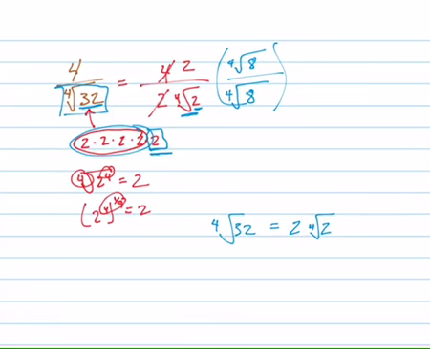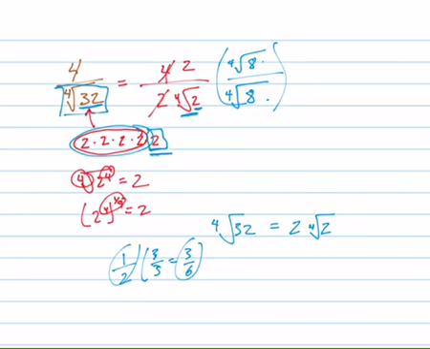All I'm doing is kind of like taking 1/2 and multiplying it by 3 over 3 and getting 3/6. It's the same thing. 1/2 and 3/6 are the same. I'm multiplying by 1, basically in the form of the 4th root of 8 over the 4th root of 8.